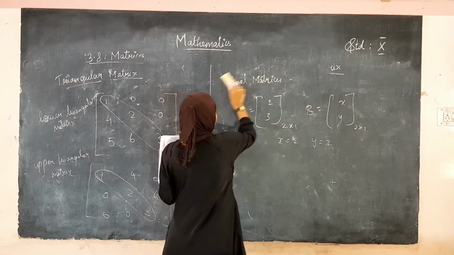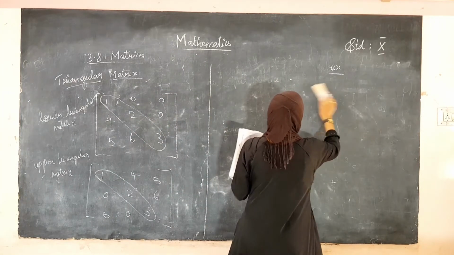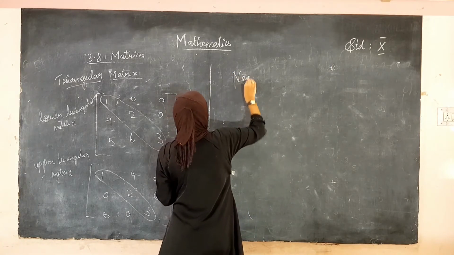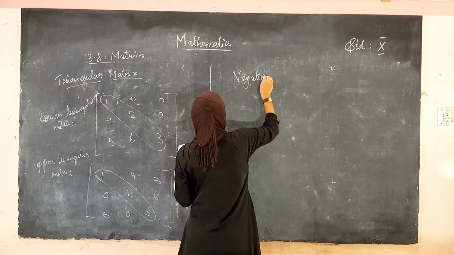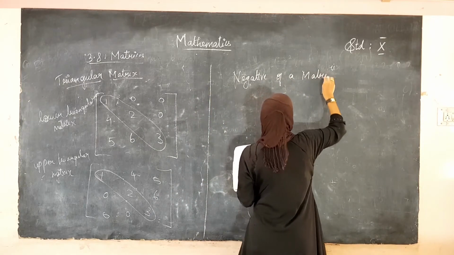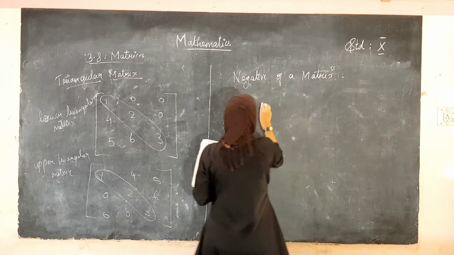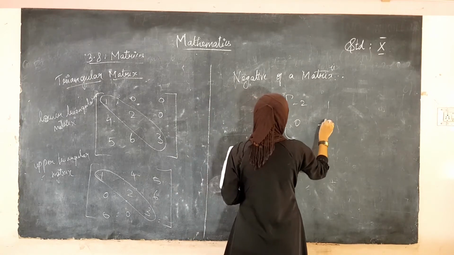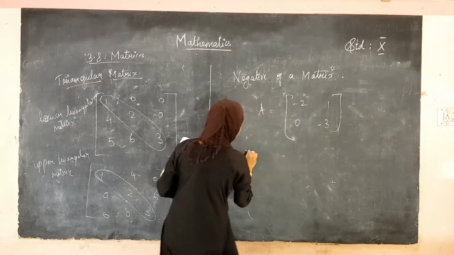See here, what is the negative of a matrix? If I have given a matrix like this, minus 2, 1, 0, minus 3, then what is the negative of the matrix?